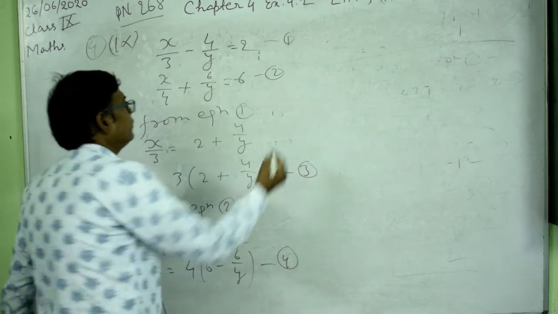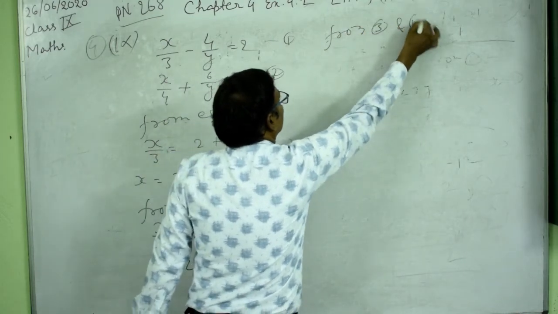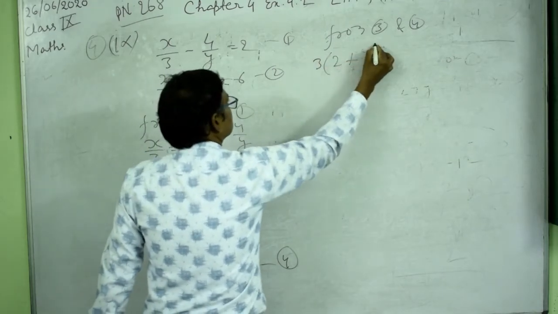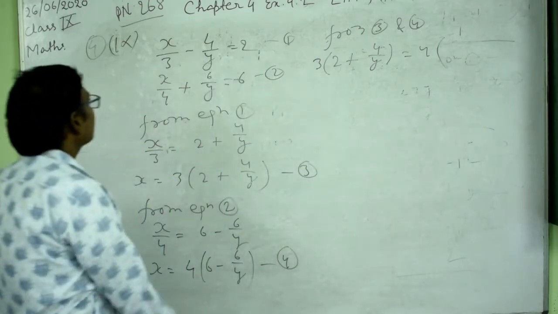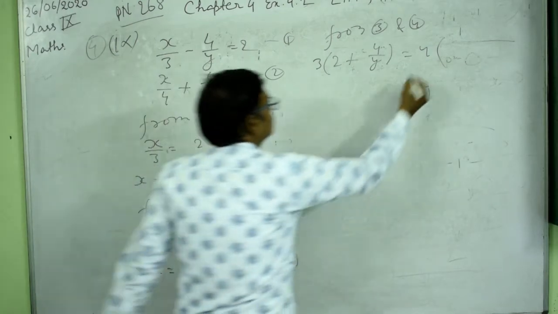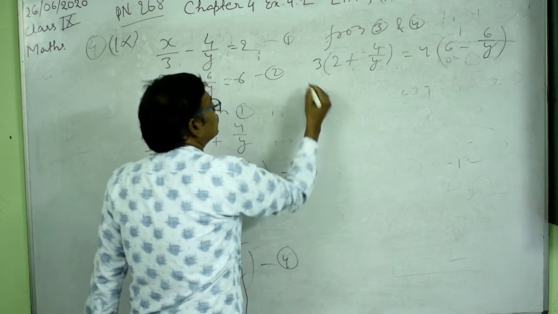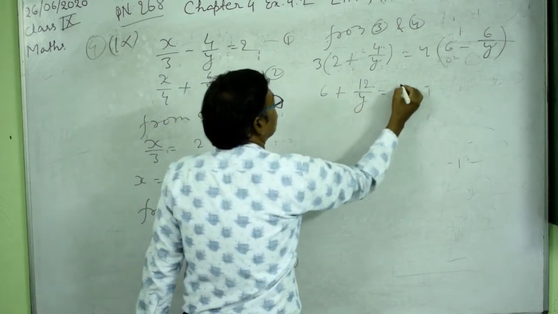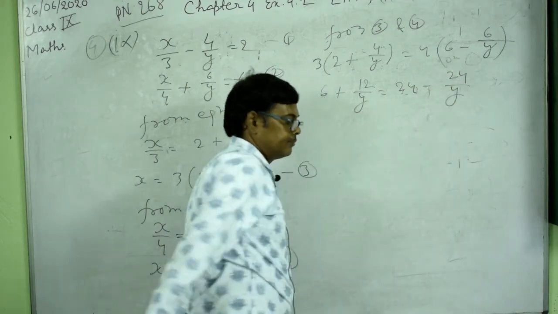Then from 3 and 4 you have 3 into 2 plus 4 by y is equal to 4 into 6 minus 6 by y. Okay, so 6 plus 12 by y equal to 24 minus 24 by y.